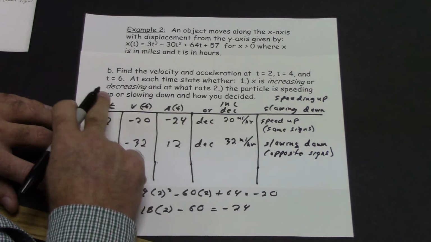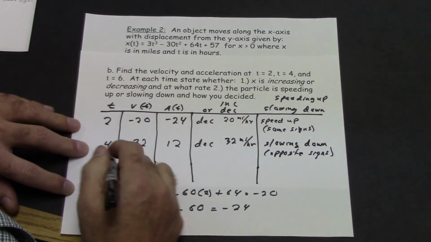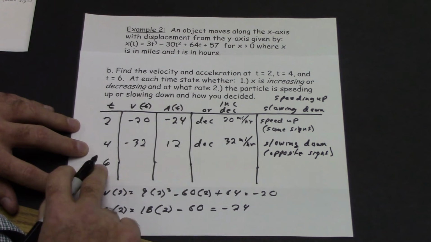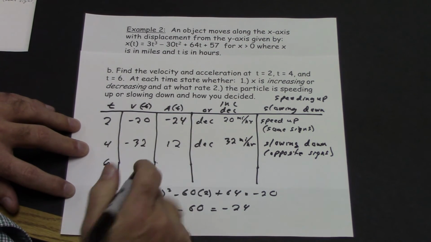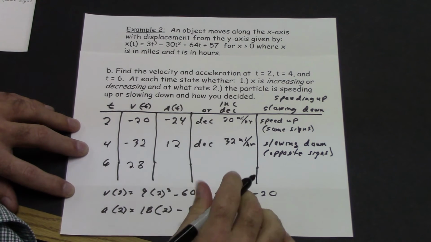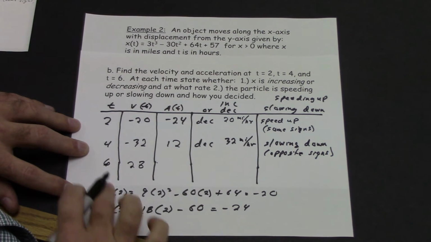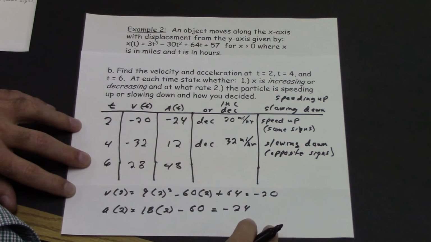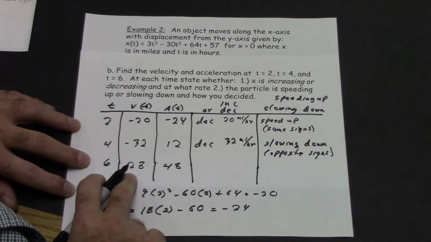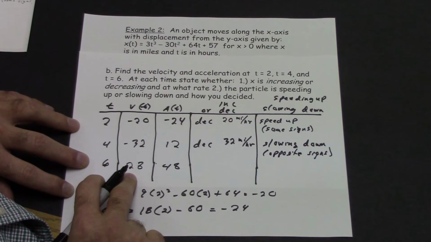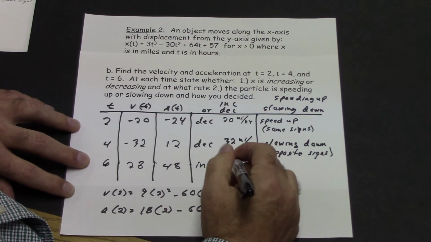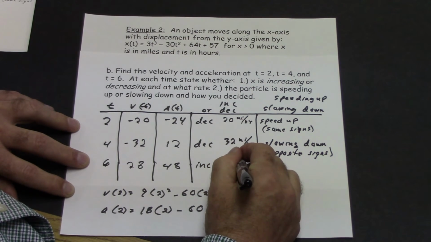Now let's take the last time, let's take the 6. Let's try the same thing after 6 hours. Now, substituting 6 into our velocity, we end up with 28. And the acceleration at 6 would be 48. Now this time the velocity is positive 28, so the particle is going to be increasing at 28 miles per hour.